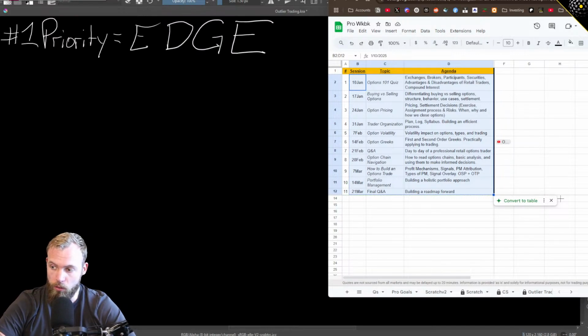Whether your ultimate goal is to maximize the risk to reward that you're taking, whether your goal is to consistently profit as a trader, whether your goal is to try and have some sort of income generation component to what you're doing, edge is what is required in all of those scenarios universally, period, full stop.